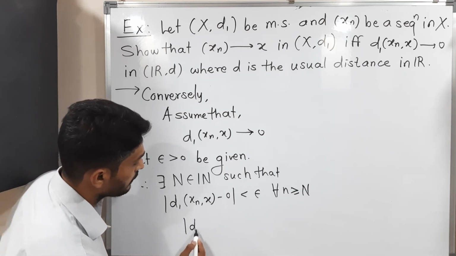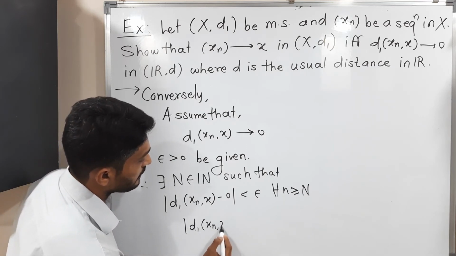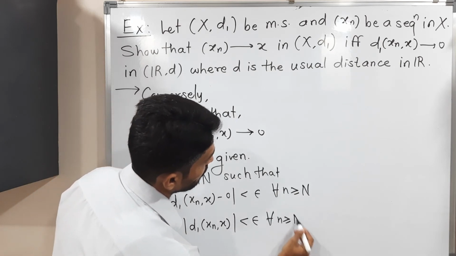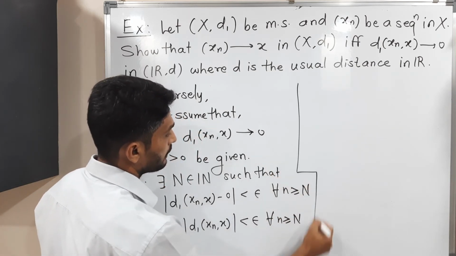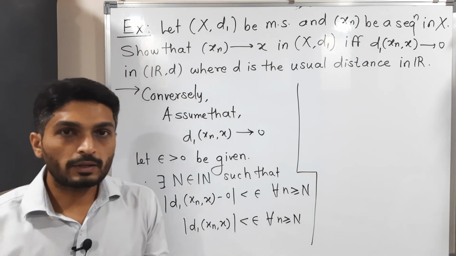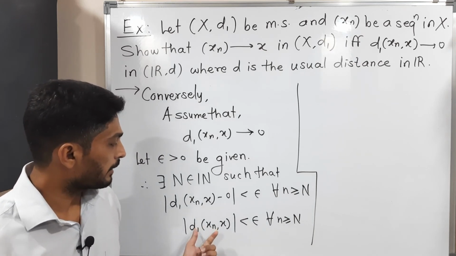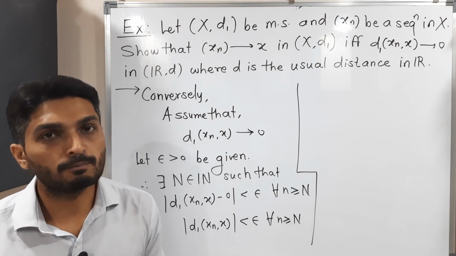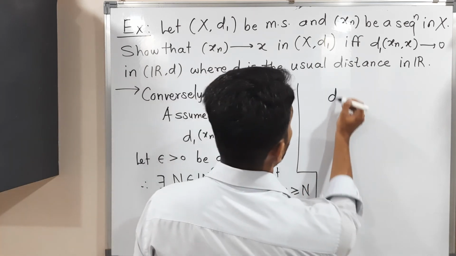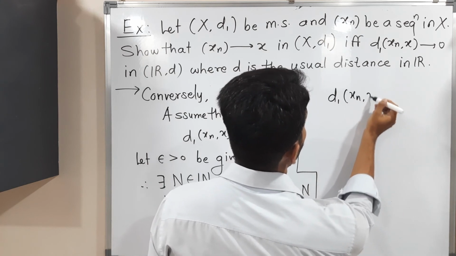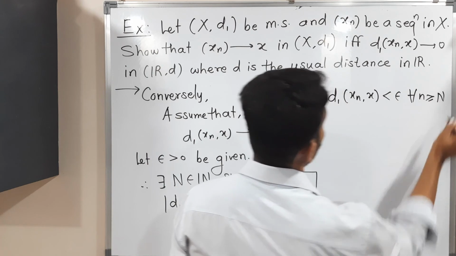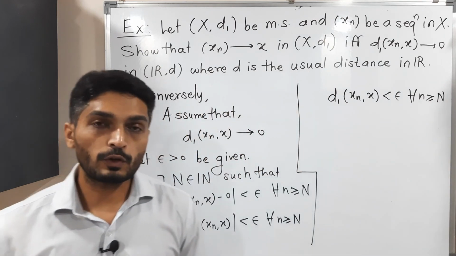So mod D1 of Xn, X less than epsilon for all n greater than or equal to capital N, right? See, D1 is a distance, cannot be negative, so there is no need of mod. So therefore we can write D1 of Xn, X less than epsilon for all n greater than or equal to capital N. This is the definition of convergent sequence.